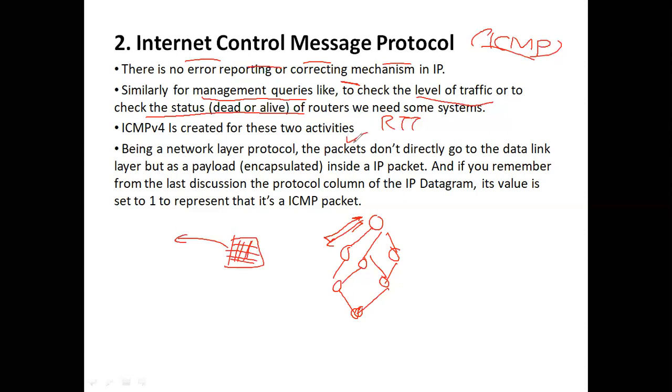Now, just as a reminder, the network layer is not the only layer here. It has multiple layers above it and below it. So whenever an IP packet goes, it has to go through all these layers.